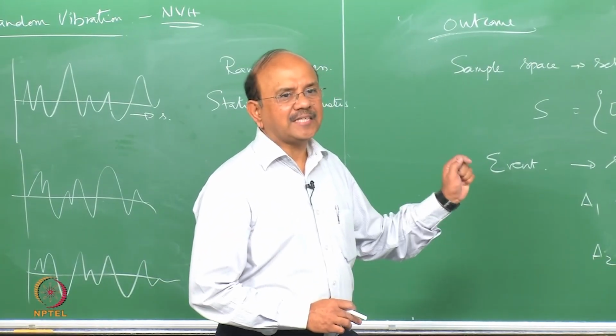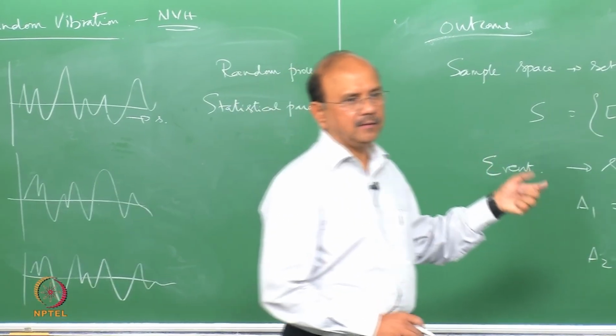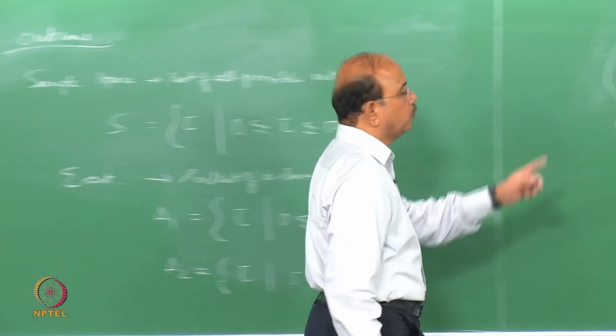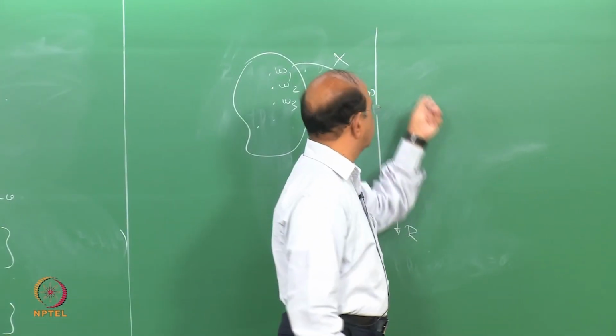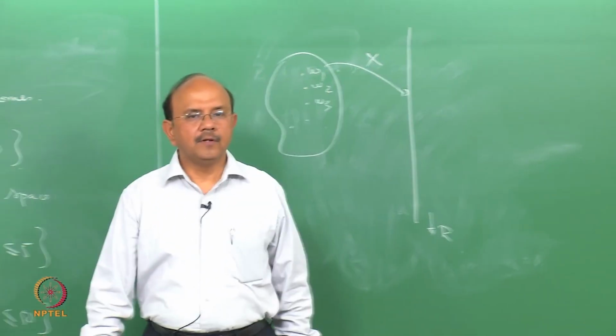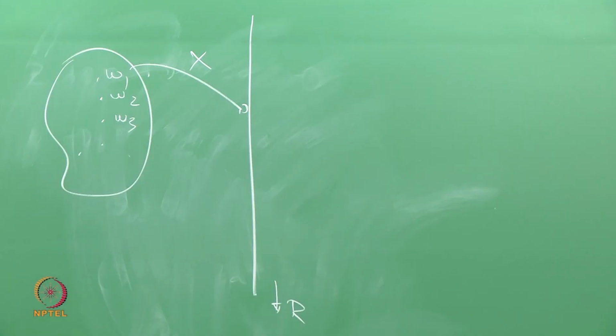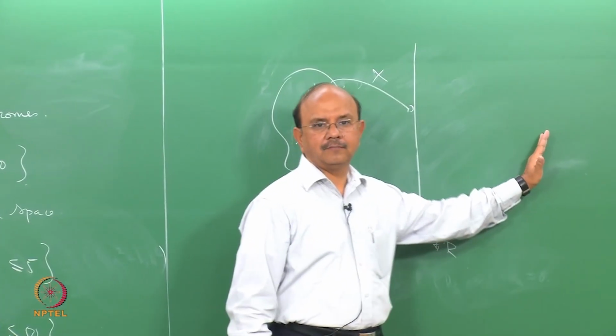The next step is we can assign a probability to this random variable. Look at this, there are 3 steps. One is an event to a random variable, then from here to a probability.